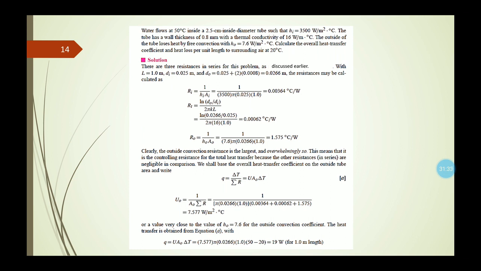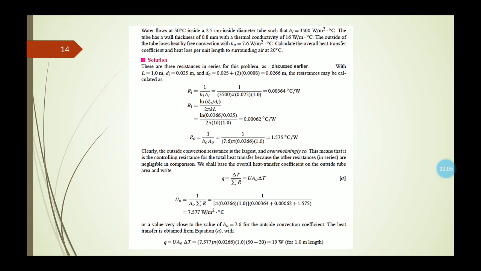is 0.00364 degrees centigrade per watt. Now in a similar manner, RT equals ln do by di divided by 2 pi kL. This is the formula that we have discussed just now, the thermal resistance in the case of a hollow cylinder. As all the values are given, from this equation we can calculate that thermal resistance, that is 0.00062 degree centigrade per watt.